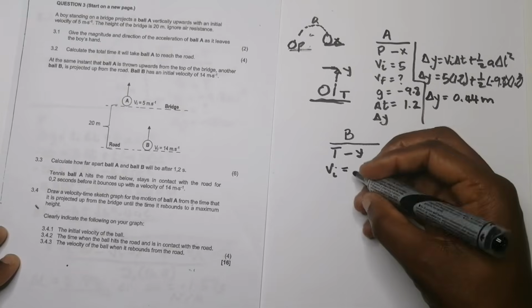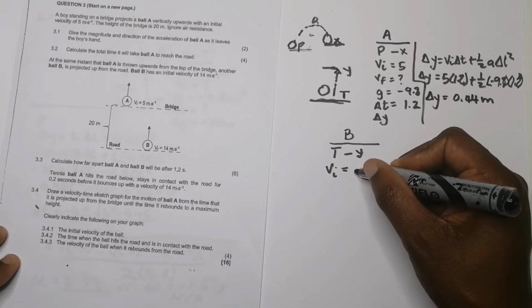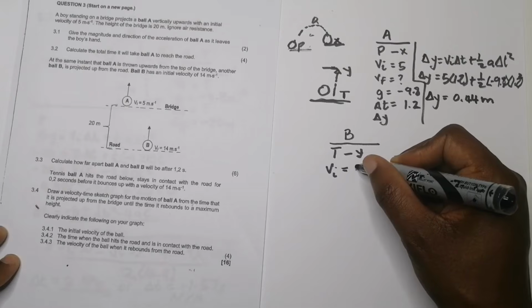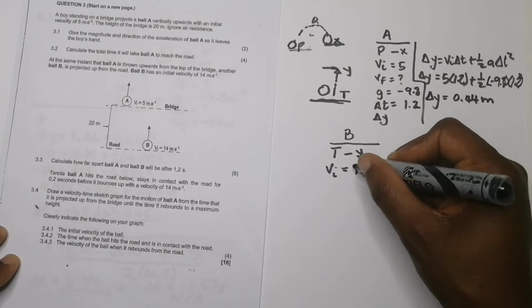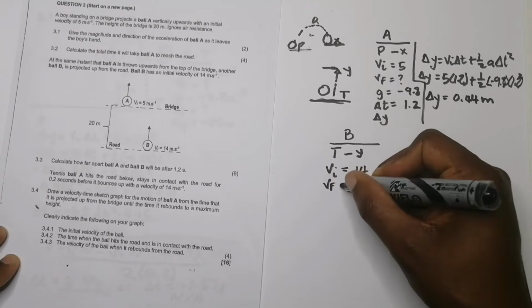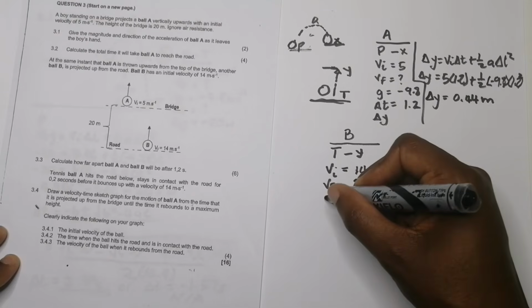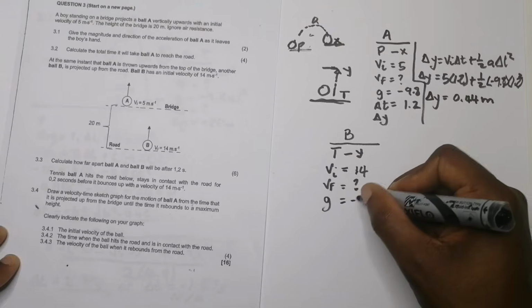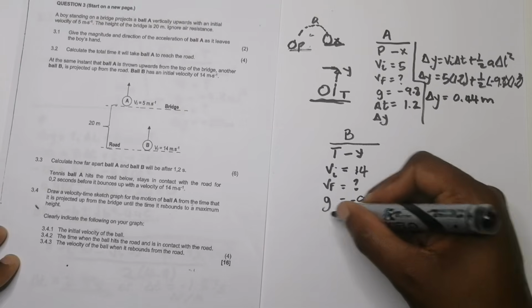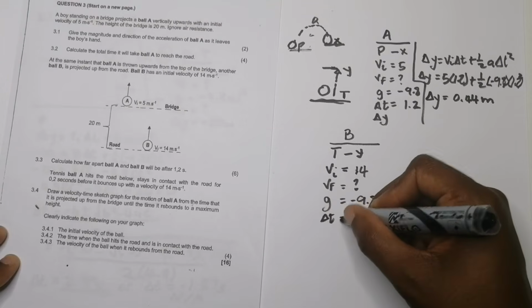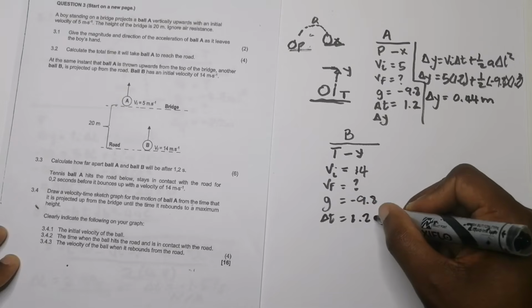So our initial velocity, remember, it's going upwards. We said up is positive, so that's positive 14. Final velocity, at point Y, we don't know, but we know gravitational acceleration is minus 9.8. We know the time is 1.2 seconds.